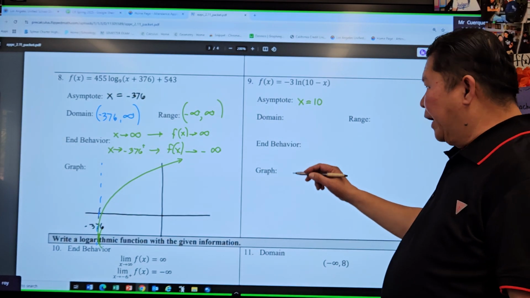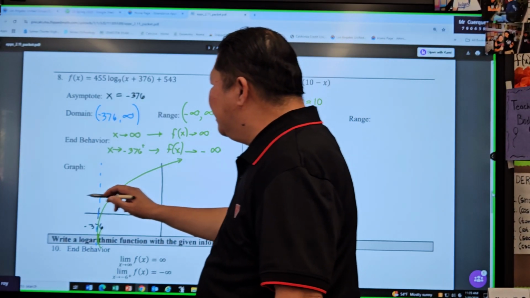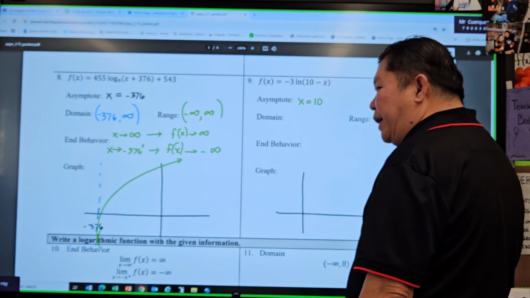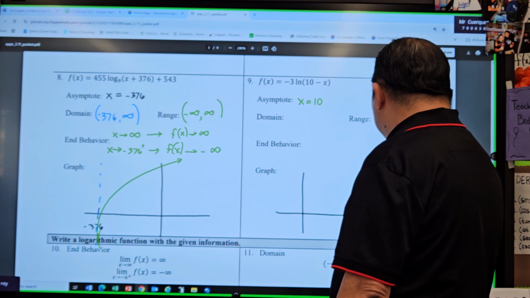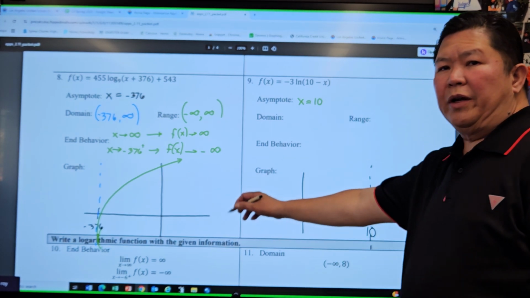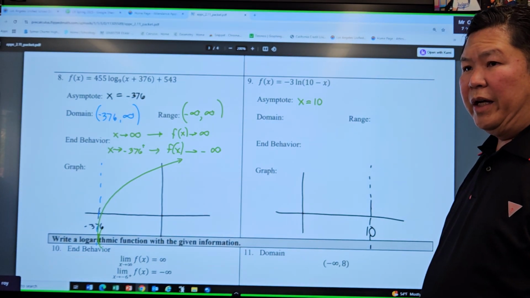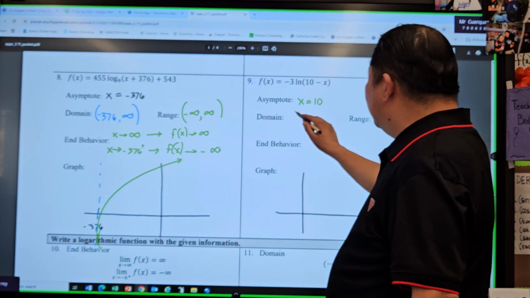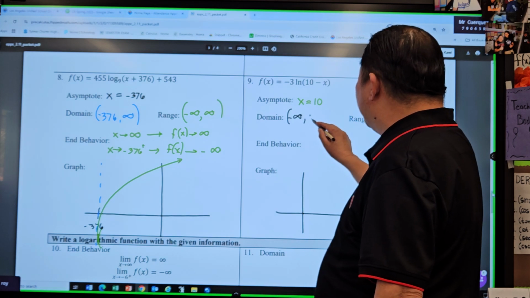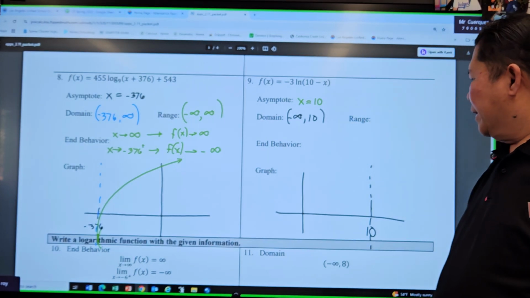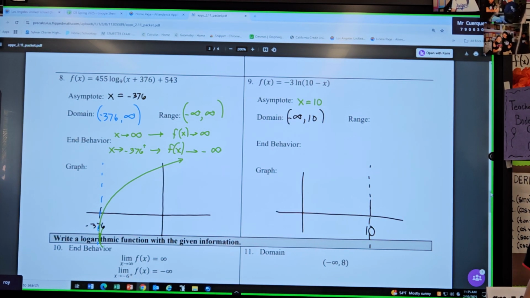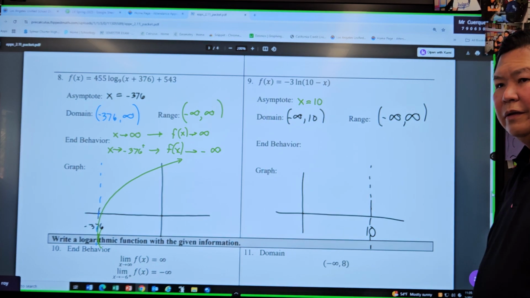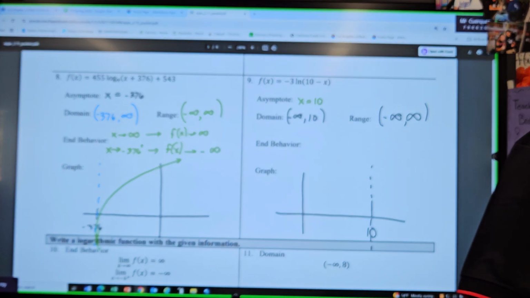From negative infinity, because if we sketch this one, the sketch would be right here at 10, right? So it's coming from negative infinity. Domain from negative infinity up to 10. How about the range? Still from negative infinity all the way to positive infinity. How about its end behavior?